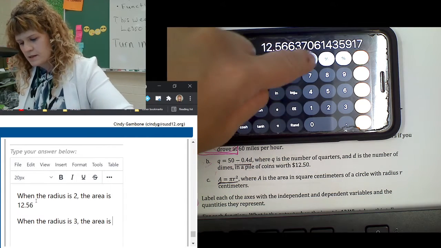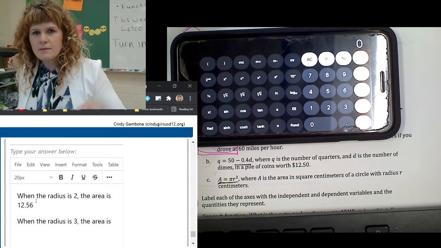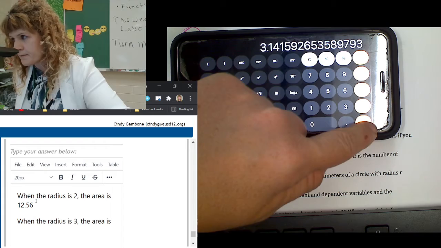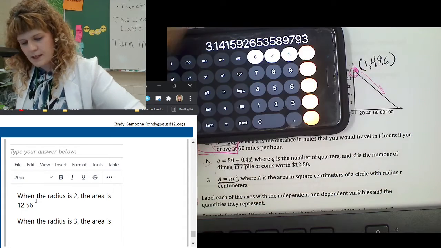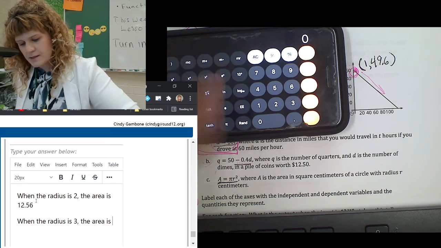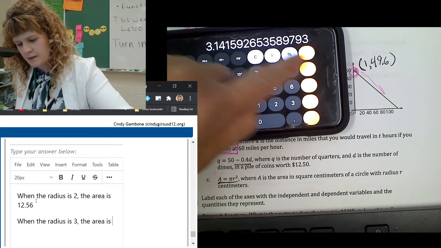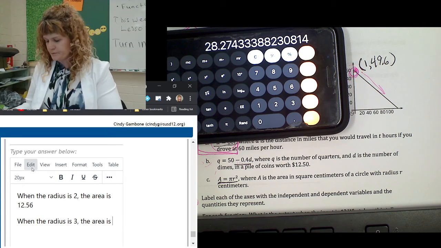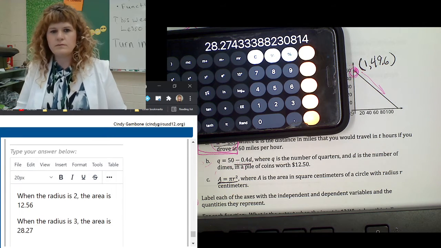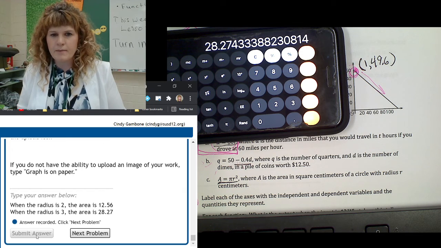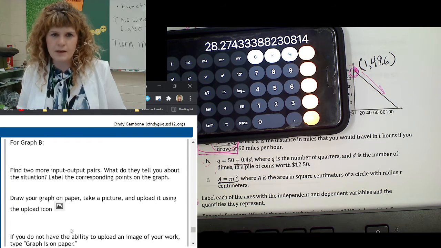If the radius is 3, what is it? 3 times 3 is 9, so that's 9 times pi. Every time I touch pi, it does pi. So hold on, start with pi times 9. 28.27. Do not tell me there's a graph on your paper. You can explain it when you type it in.